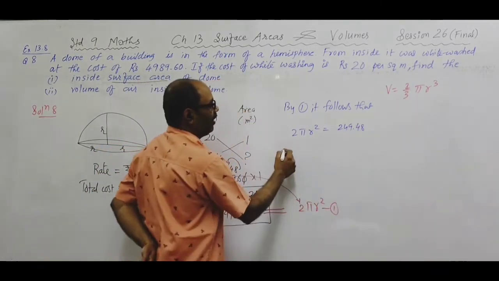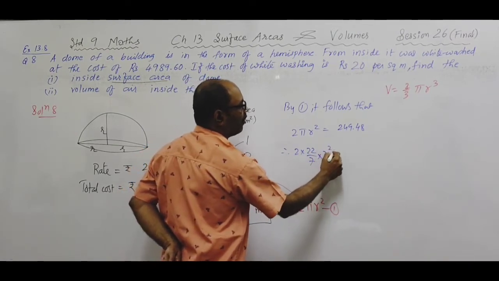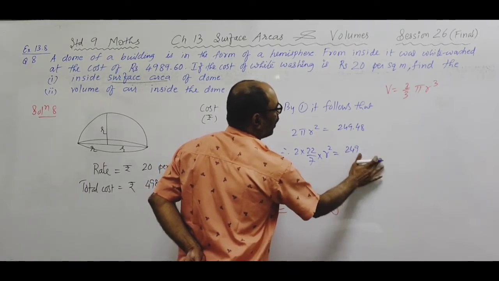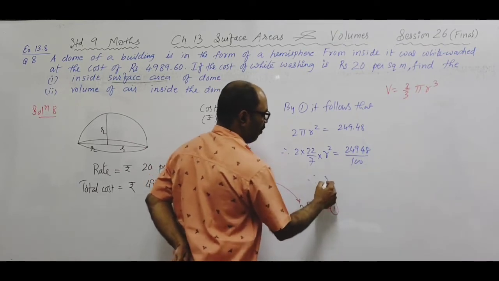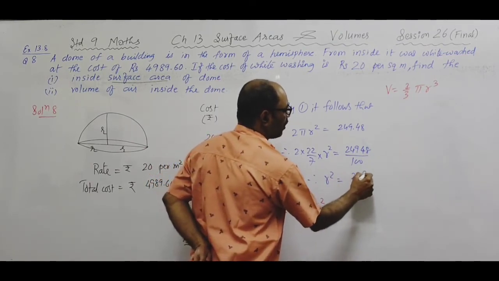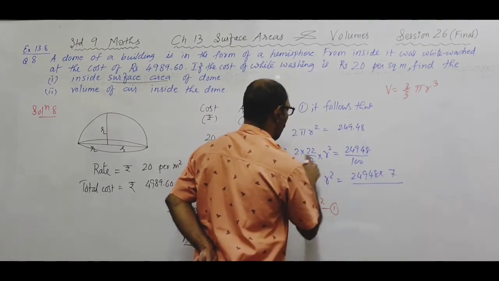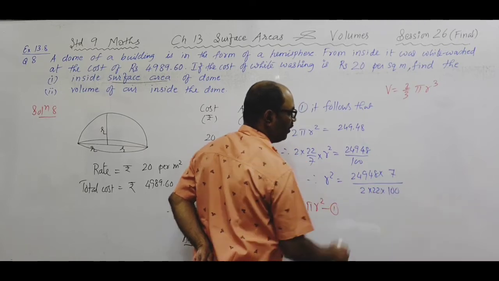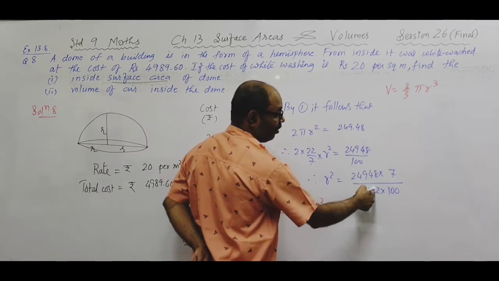249.48. So 2 into 22 upon 7 into r square is 24948 upon 100. Therefore, r square is equal to 24948 multiplied by 7 upon 2 into 22, and this 100. It should be a multiple of 11.